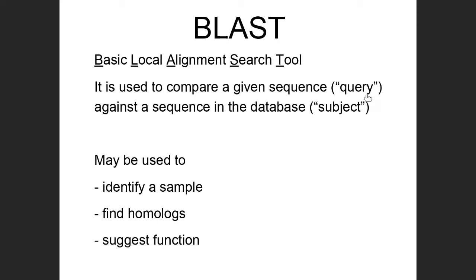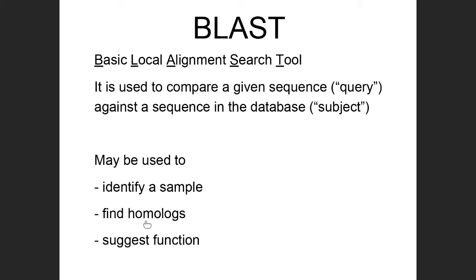So we do the comparison of the query and it gives you back a subject. And I gave you the example of identifying a sample. Another example is to find homologs. If you remember, homologs are sequences that have an ancestor in common.